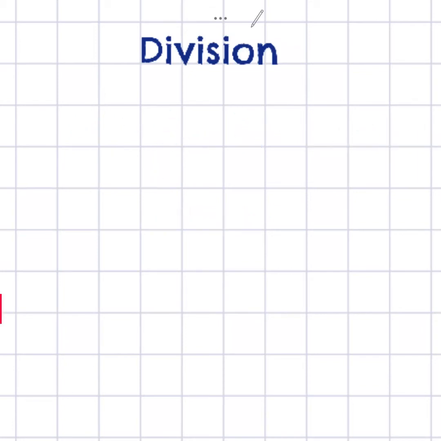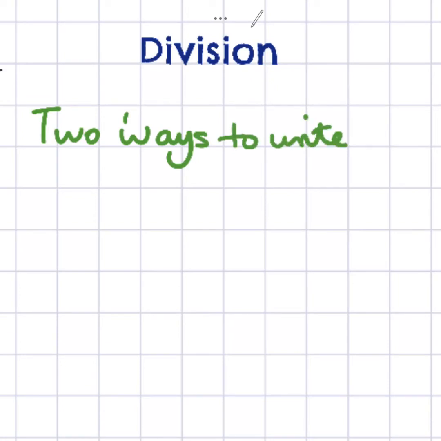Okay, rubbing that out, let's keep going. As I said before, there are 2 ways that you can write a division sum. The first way is called the horizontal way, which is what I've shown you before. The horizontal way is literally just across your screen from left to right.